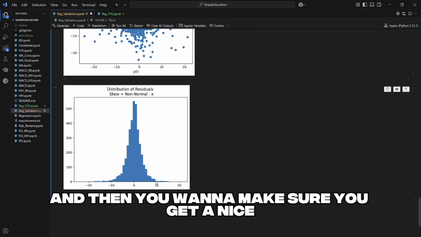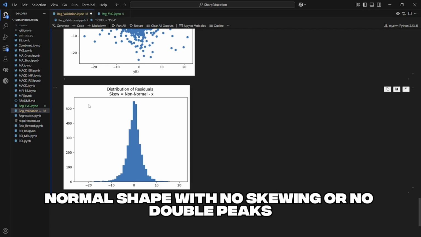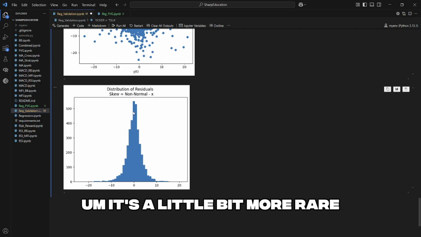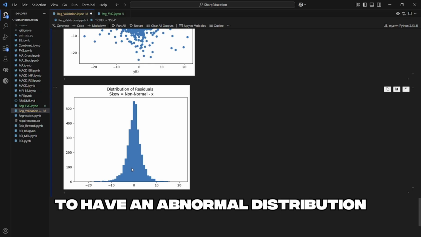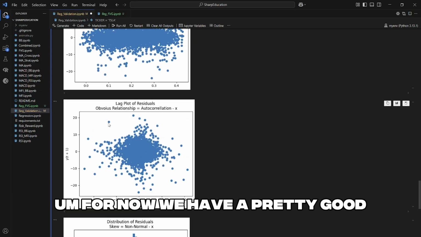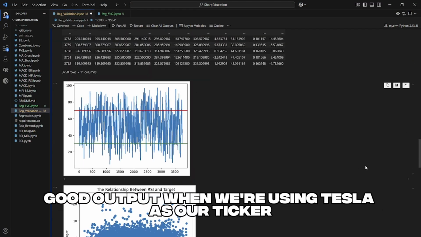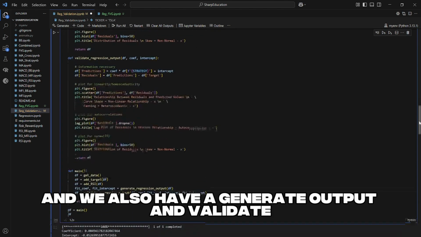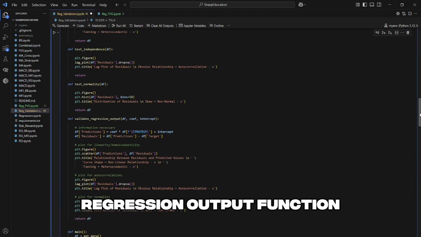And then you want to make sure you get a nice normal shape with no skewing or double peaks. It's a little bit more rare to have an abnormal distribution, but if you do encounter one, you want to be wary of that. For now, we have a pretty good output when we're using Tesla as our ticker, and we also have a generate output and validate regression output function.